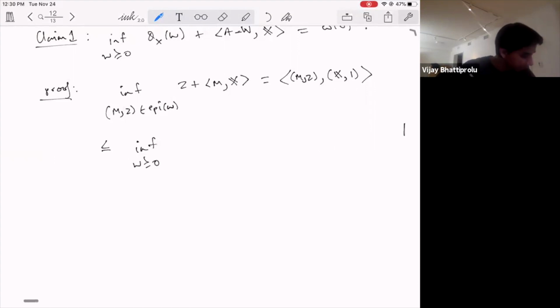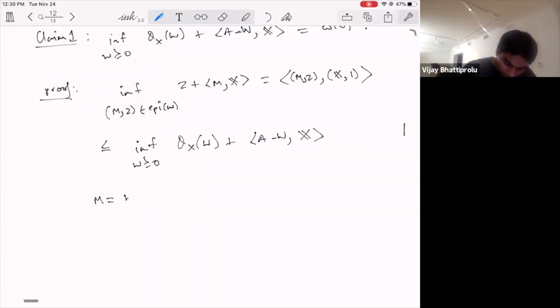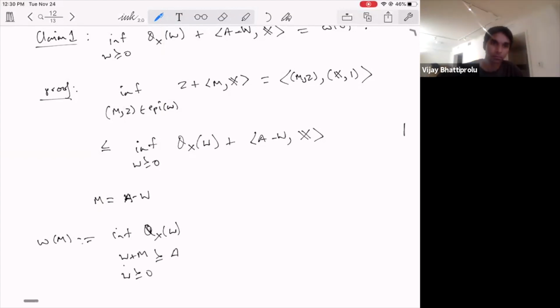over W PSD of Qx of W plus A minus W inner product bold X. The reason is we may substitute M equal to A minus W in the definition of omega. Just to remind people, the definition of omega of M is the infimum of Qx of W such that W plus M is at least A and W is PSD.